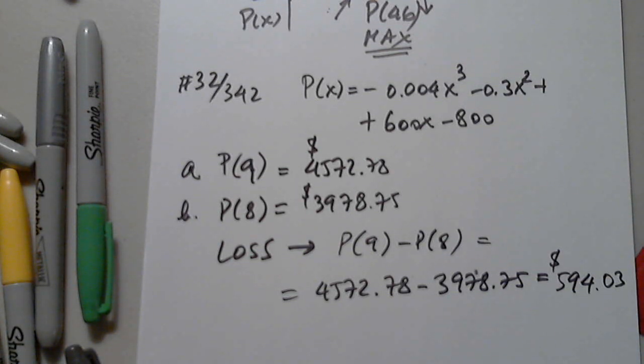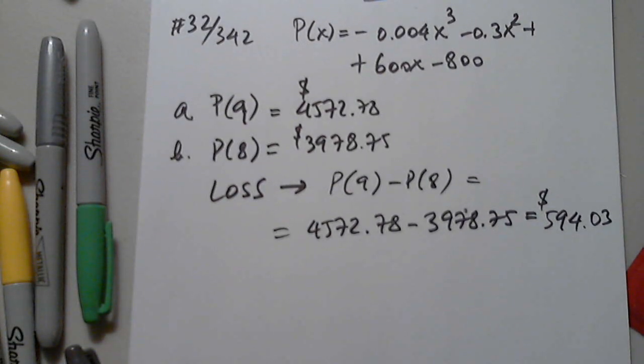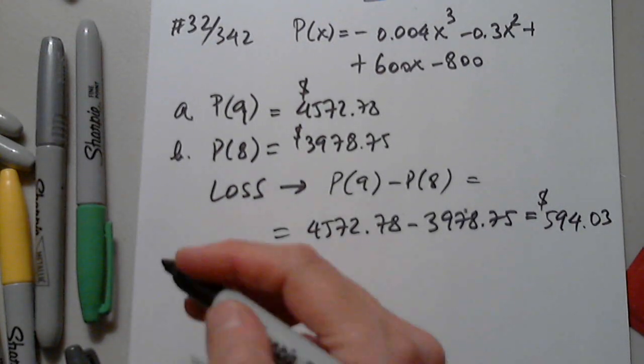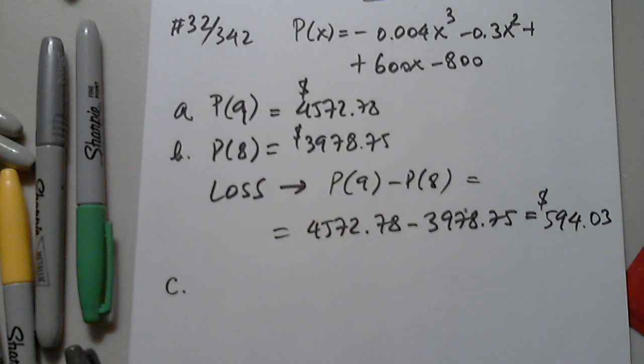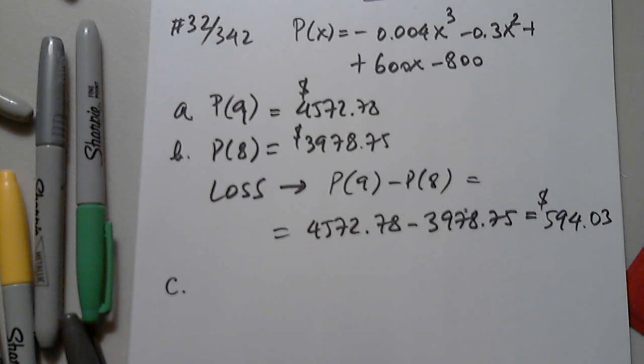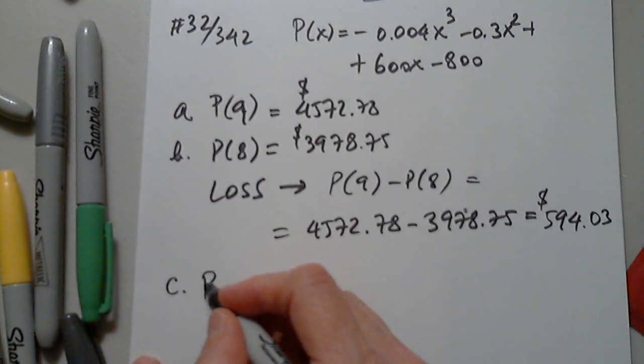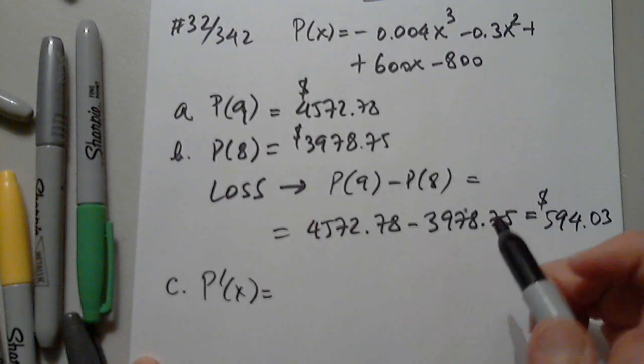What is the marginal profit when x is 9? What do I have to do to determine the marginal profit and then when x is 9? What is the marginal profit? Anyone? P prime. Yes, thank you very much. P prime of x.